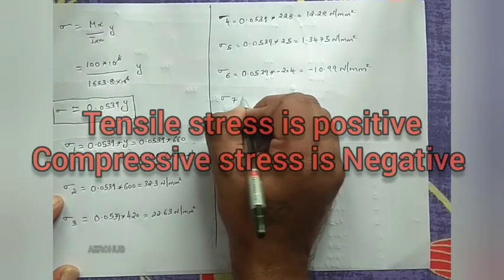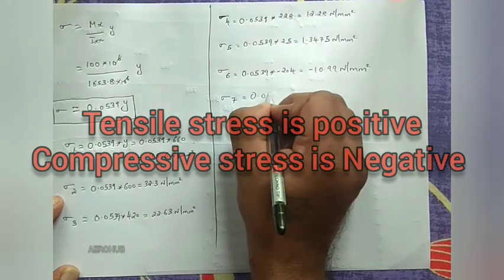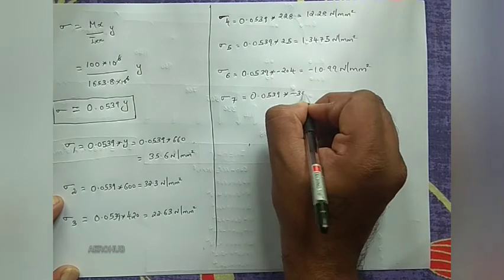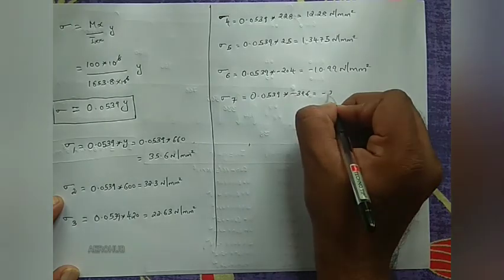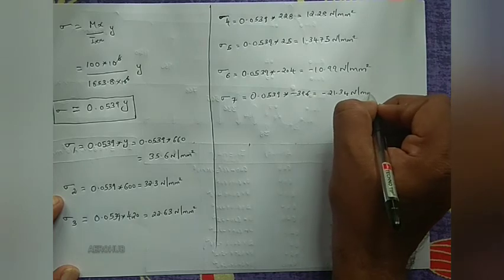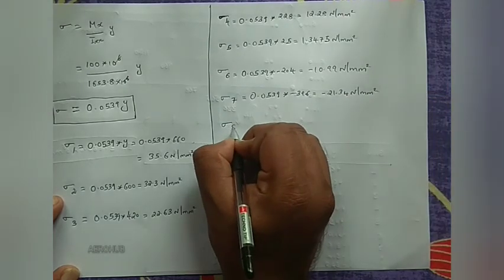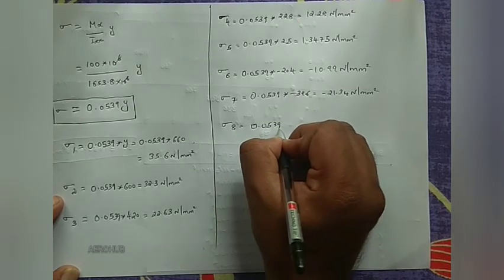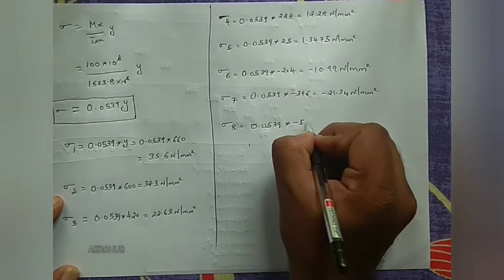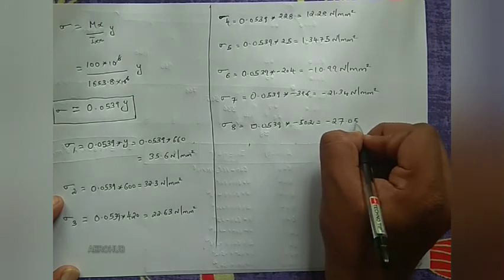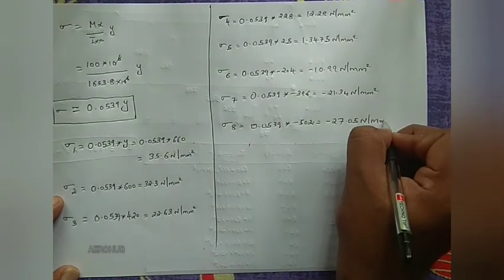Sigma 7 is equal to 0.0539 into minus 396, that is minus 21.34 Newton per millimeter square. And sigma 8 is equal to 0.0539 into minus 502, that will be minus 27.05 Newton per millimeter square.